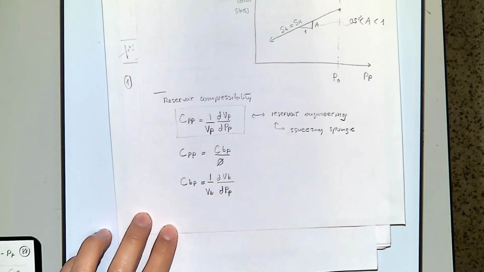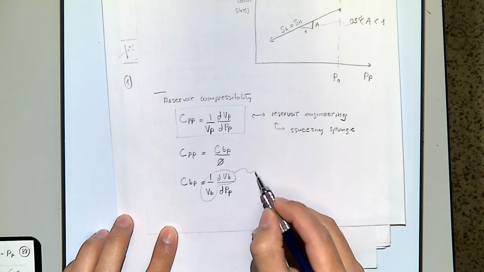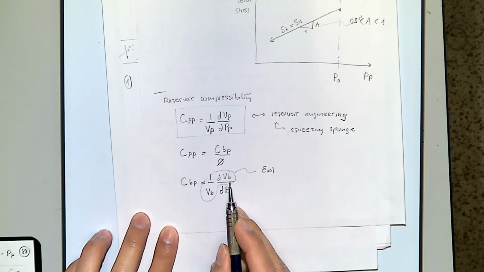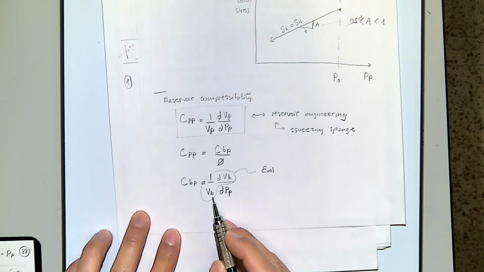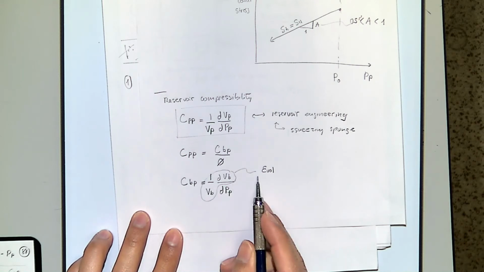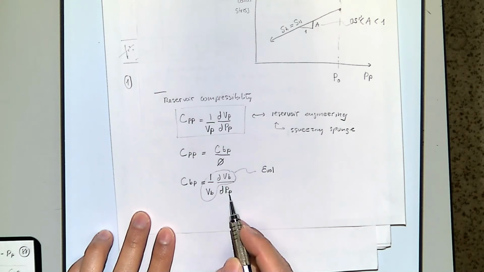But notice that this is nothing other than a volumetric strain. Change of bulk volume divided by bulk volume is just a volumetric strain. So this compressibility turns out to be the change of volumetric strain due to a change in pore pressure.